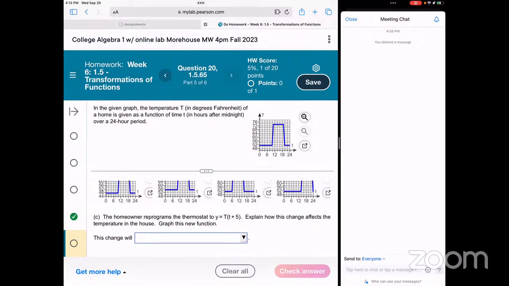Because positive X is to the right, intuitively we might be tempted to say this goes to the right by 5, but it's actually the reverse. This one should go to the left by 5, making the temperature change occur 5 hours earlier. So let's go with the second one.